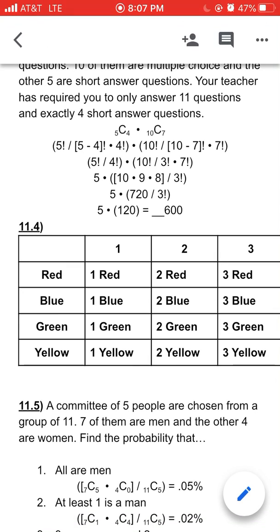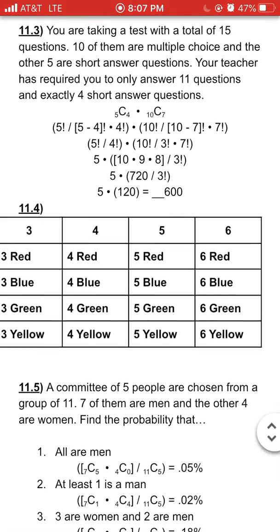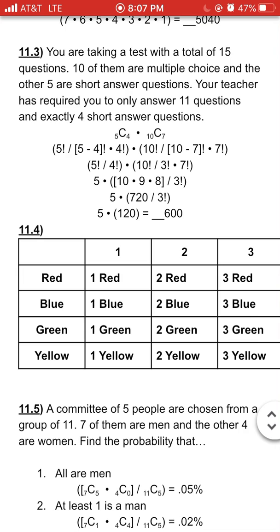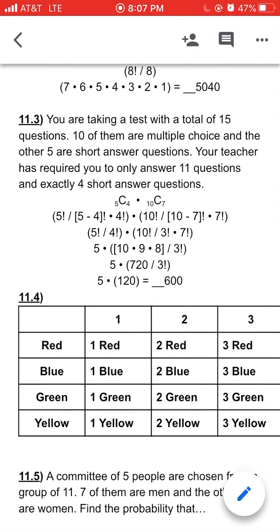And the same thing for yellow. When you roll it with yellow, you get yellow 1, yellow 2, and so on. And that's why the chart is basically like a multiplication table. This is the combination chart of the sample space.